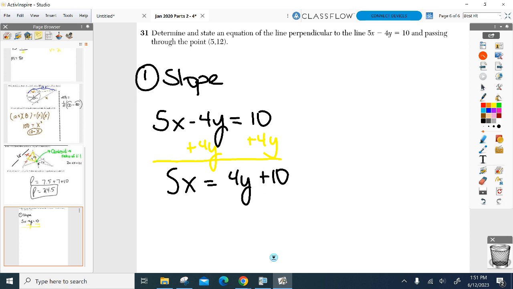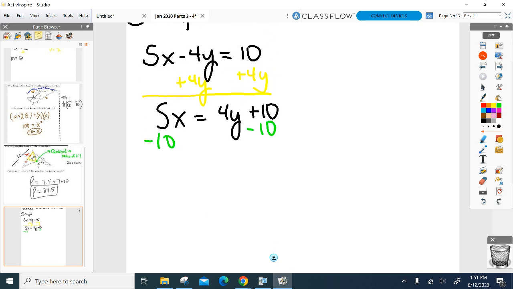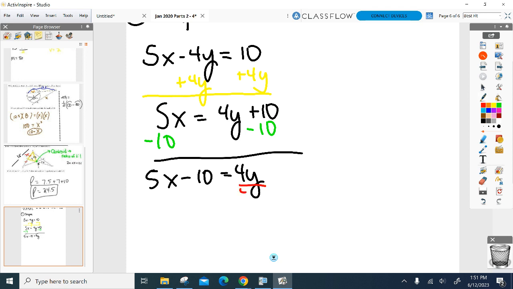You're going to have to take it from here, because you might be on an island doing it this way. And then subtract 10. Subtract the 10 over, yep. I say it's only one extra step. So 5x minus 10 equals 4y. All right, one more. And then divide by 4. All right, we all get there.